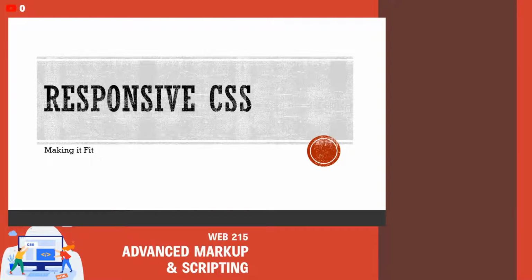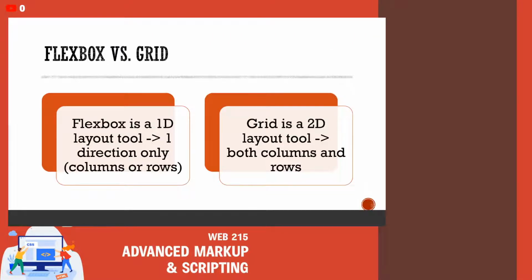Today I have more to talk about when it comes to responsive CSS. We're going to talk about CSS Grid. So before we do that, let's remind ourselves of one of the concepts that we discussed last week, and that was the difference between Flex and Grid. Last week we looked at Flex with a little bit of depth, and this week we're talking about Grid. So let's compare the two here. Once again, just a little reminder: Flexbox is a 1D layout tool, and we saw that when we were doing our example last week.